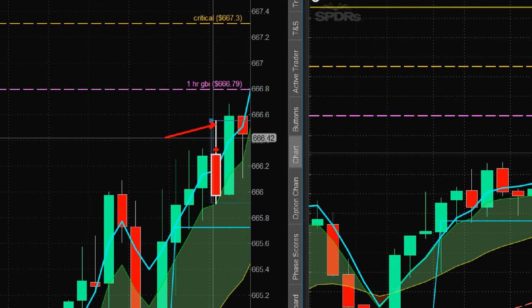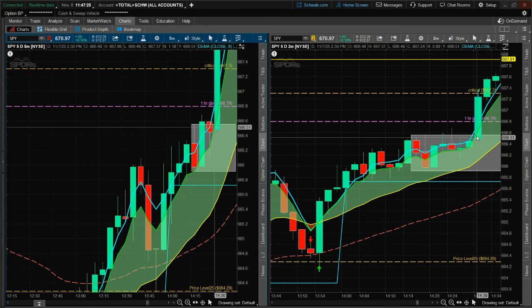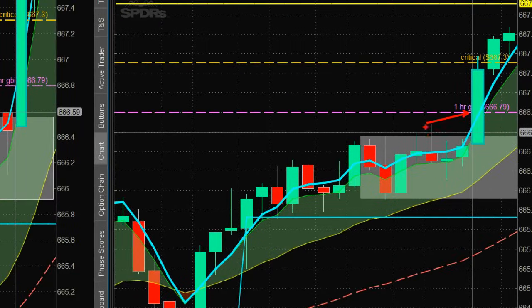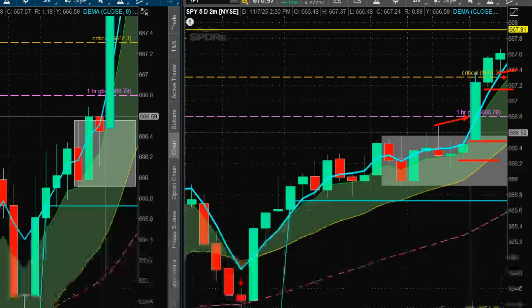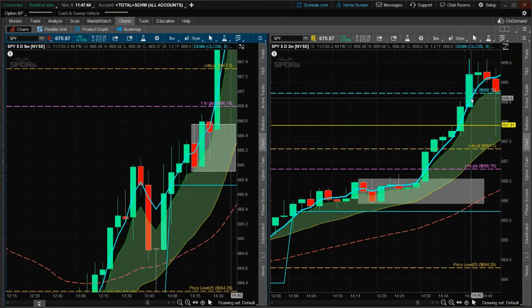I want to see follow through. I don't get my 2-minute 20, and she starts taking off like a bat out of hell. I'm in it long, and my stop is right here. Once this candle closes, my stop's right here. Then once this candle closes, my stop's right here, and so on and so forth. And you can literally ride these. I made like 1,500 on this trade.